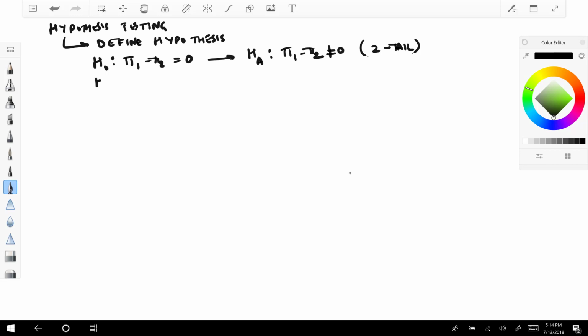Again, the second case would be H null, pi 1 minus pi 2 greater than or equal to 0.